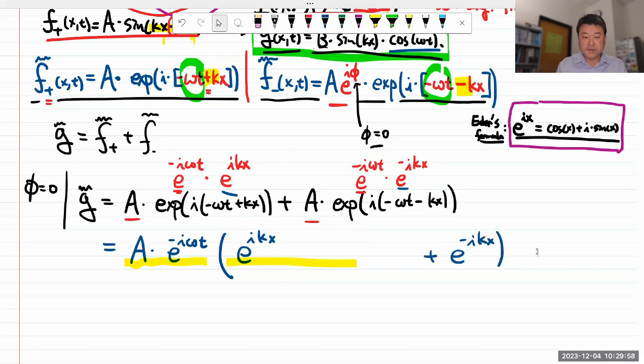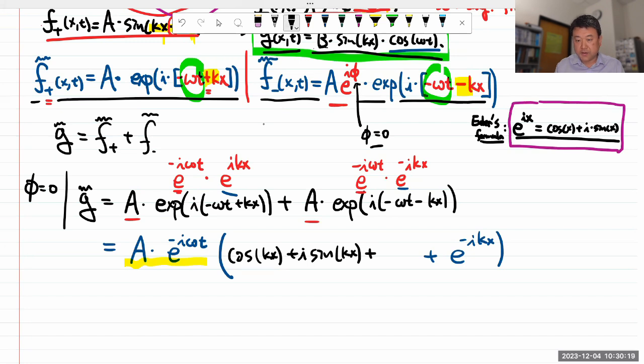And where I had the e to the i kx, I can rewrite as cosine of kx plus i sine of kx. So let me write that up. Cosine of kx plus i sine of kx. All right.